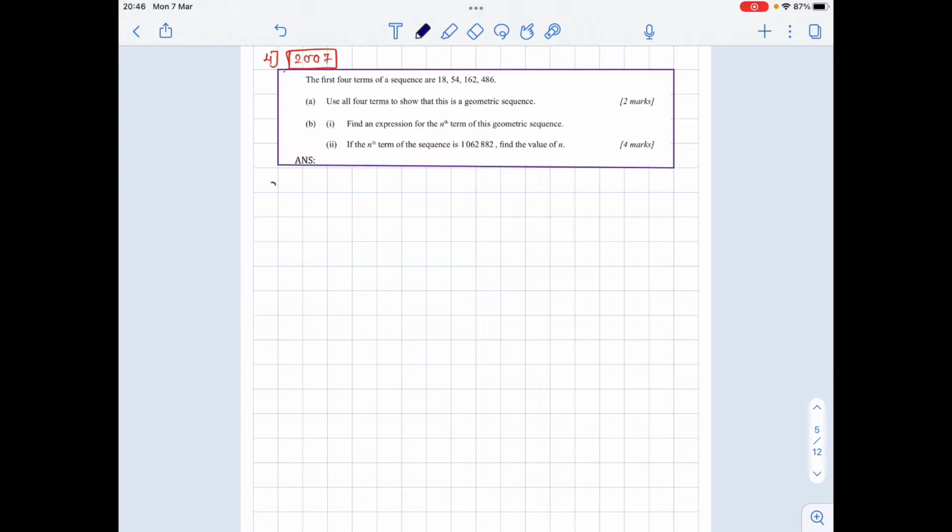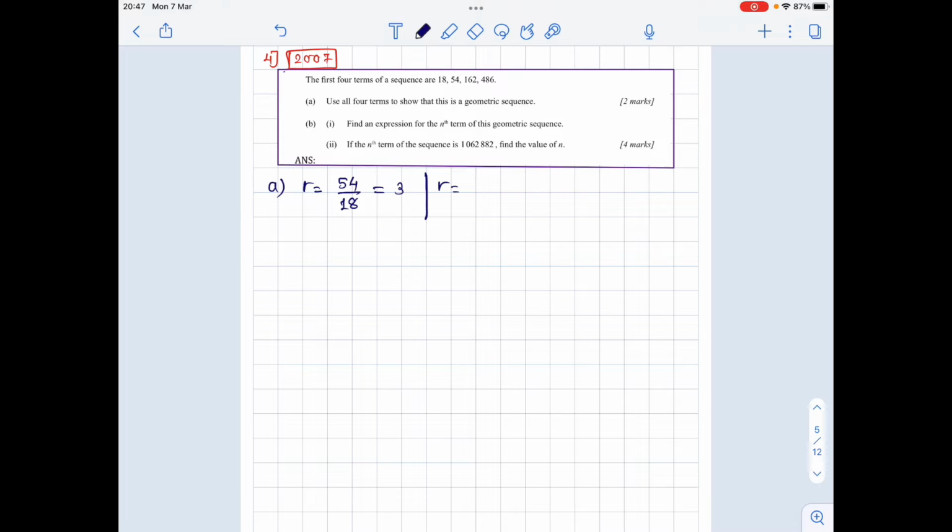To show whether the sequence is geometric or arithmetic, you have to see the common difference or common ratio. In the case of a geometric sequence, you need to show that all ratios are the same. Out of four terms, you will get three ratios. The first ratio is 54 over 18, which is 3.